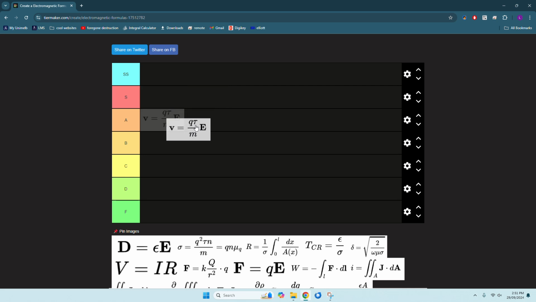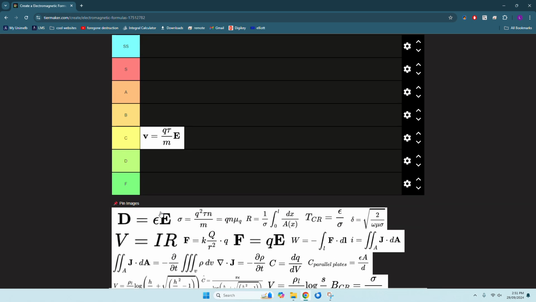The tau symbol represents that. You don't really tend to use it, but it is handy for understanding that there's some sort of thing that slows down how fast a charge moves. So we'll put it in B tier, I suppose. If you never use it, we'll put it in C tier.